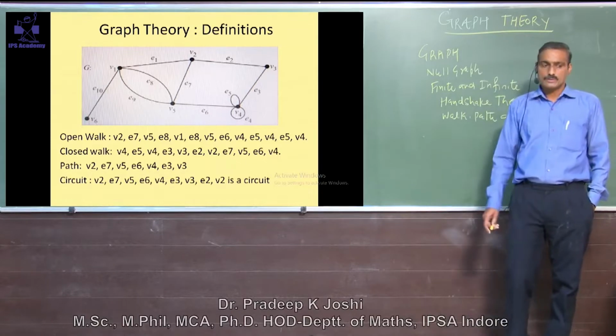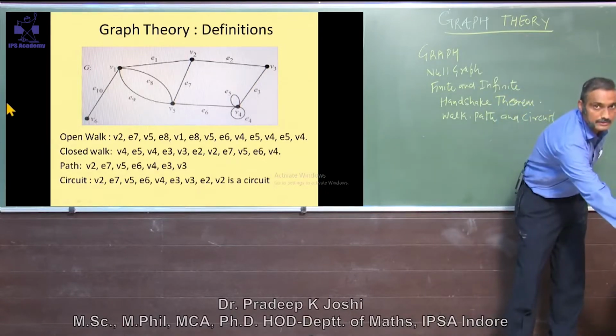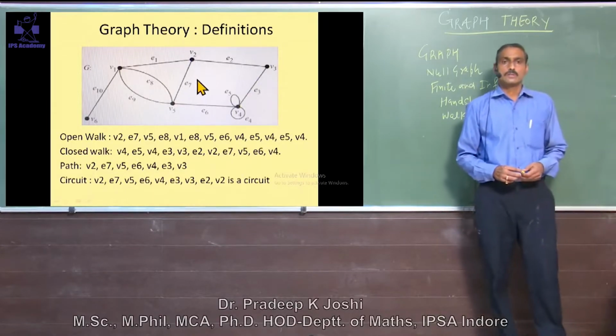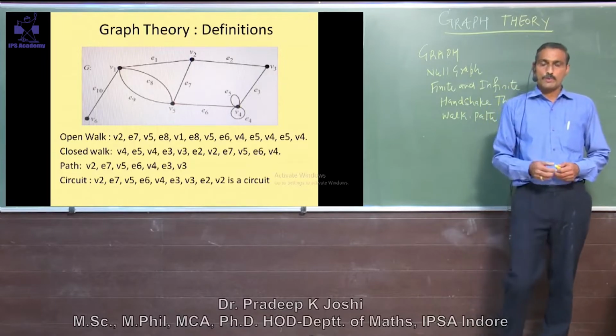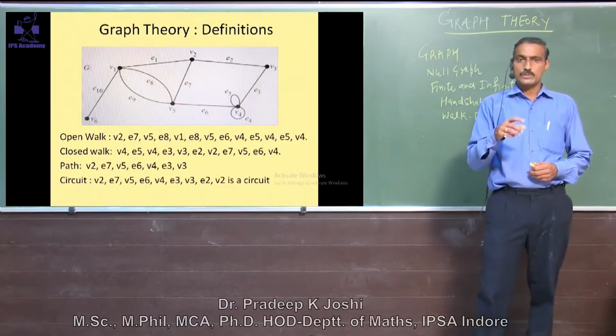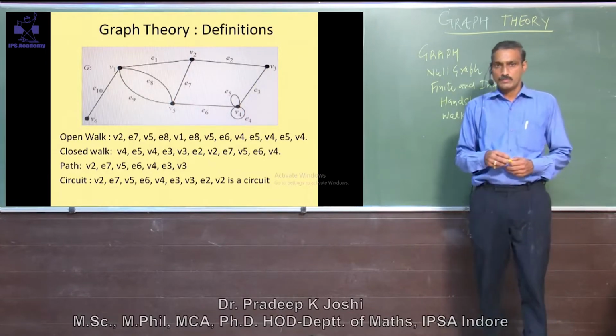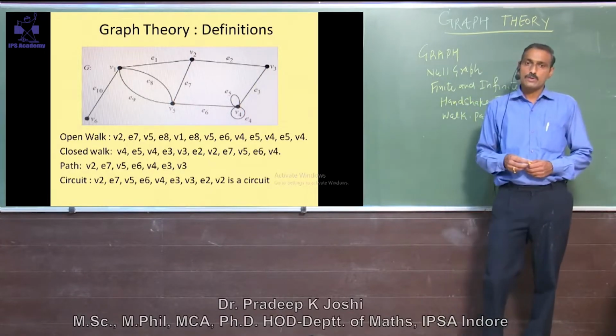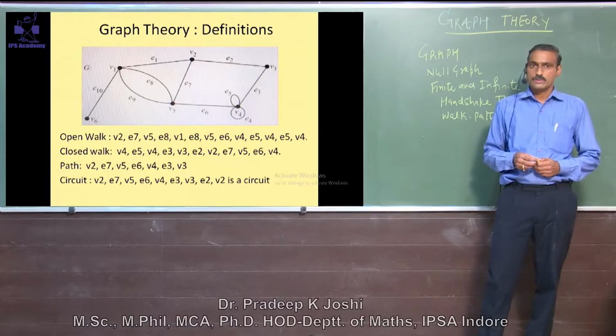Here a graph is given, and we have to find the open walk, closed walk, path, and circuit in it. So what is an open walk? An open walk means we are traversing the graph from vertex to vertex, and maybe repeating edges or vertices.